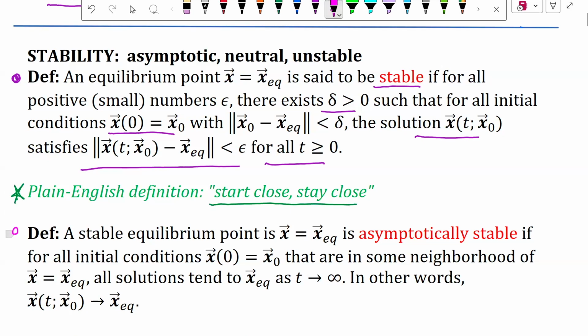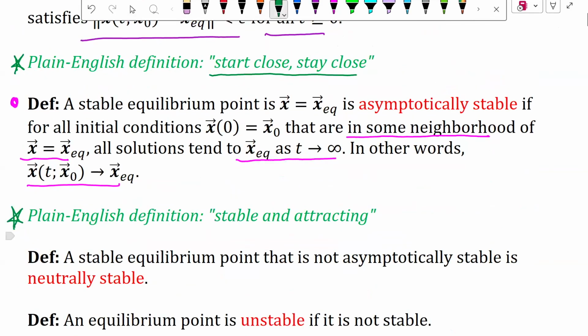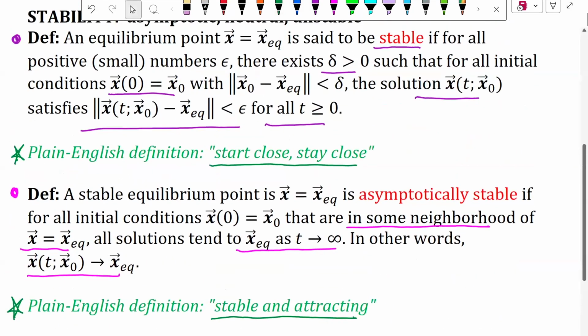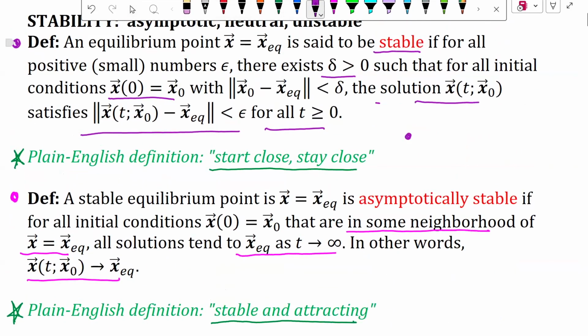Now, what does it mean to be asymptotically stable? This means that if you start within some neighborhood of the equilibrium point, then all solution trajectories are actually going to be drawn to that equilibrium point over time. In plain English, that means that not only is the equilibrium point stable, but it is also attracting. So to compare what it means to be stable versus asymptotically stable, a stable node, a stable spiral, or even a center are all examples of points that are stable.